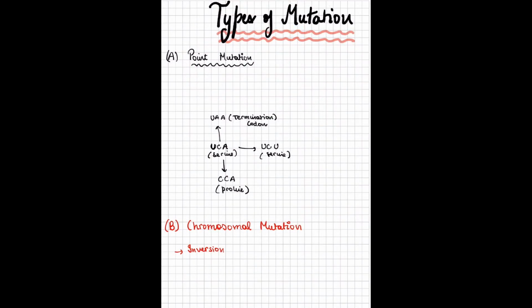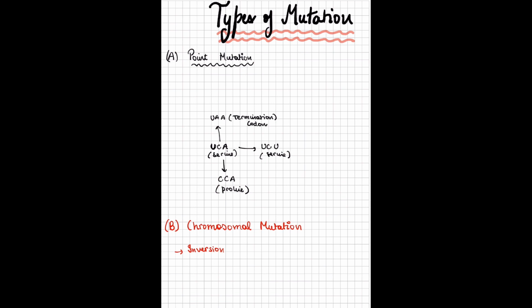Now let's talk about types of mutation. There are namely 4 types of mutation: point mutation, chromosomal mutation, nucleotide repeat mutation, and the fourth one is frame shift mutation. We'll study each one of them one by one. Now, point mutation. What is the meaning of point mutation?